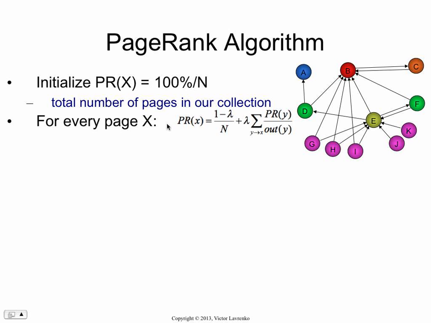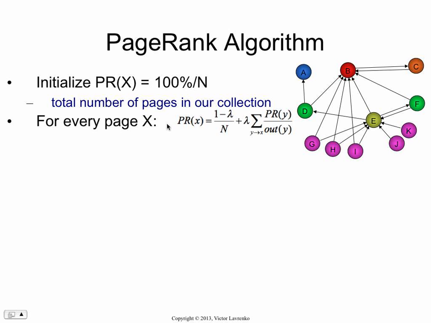So what is the chance that I end up at X? It's 1 over the number of outgoing links, so it's 1 divided by the out degree of Y. Now, that's if I was at node Y on the previous step.